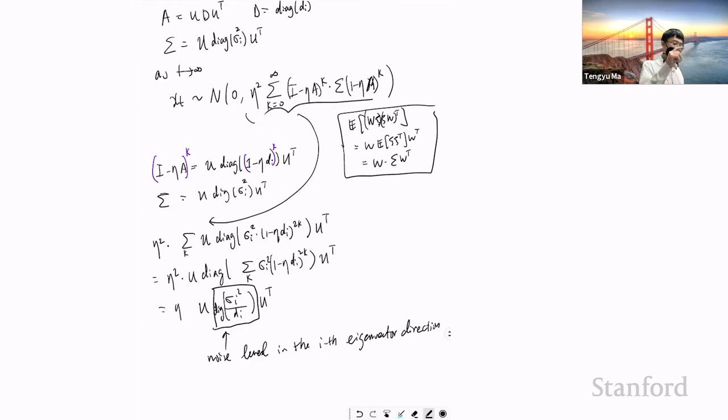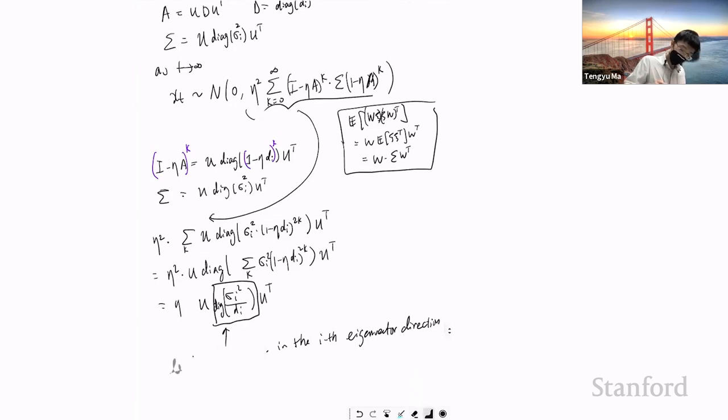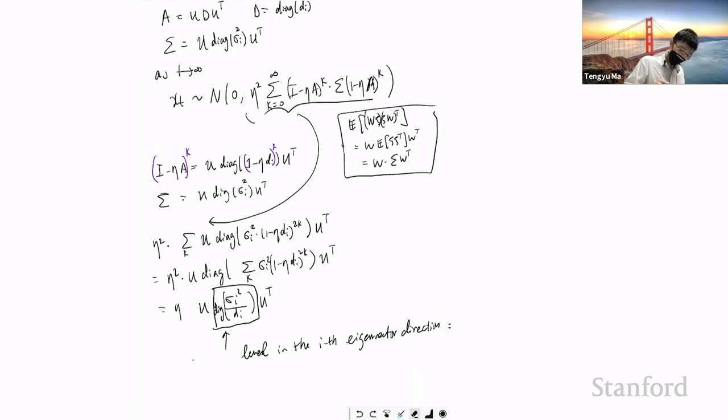And the noise level depends on this. Let's just be precise: this is the iterate noise, the iterate stochasticity, the fluctuation level.